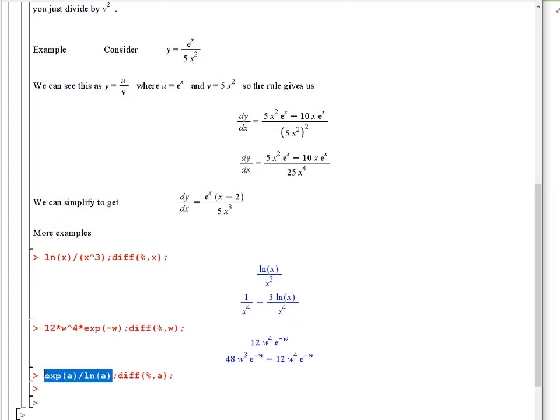Just copy this. So here we're looking at e to the power a divided by log base e of a. So in the product rule we had an example of e times log, and now we have e divided by log. So clearly u is e to the power a and v is log a.